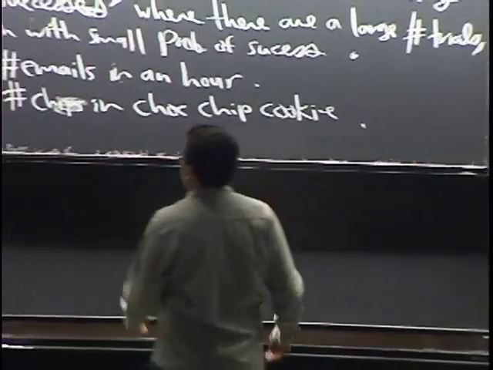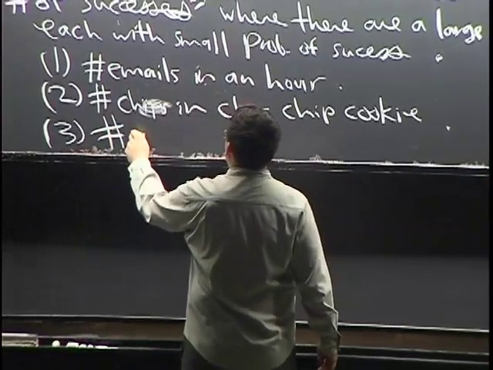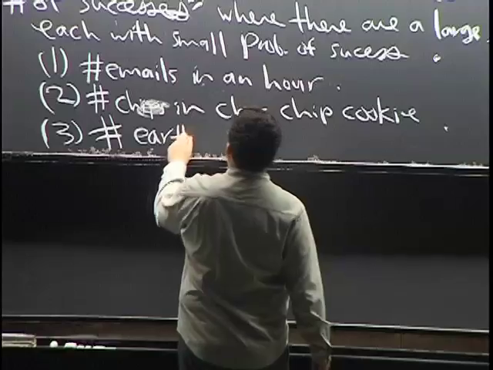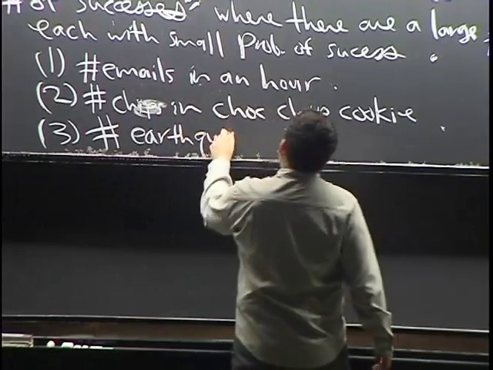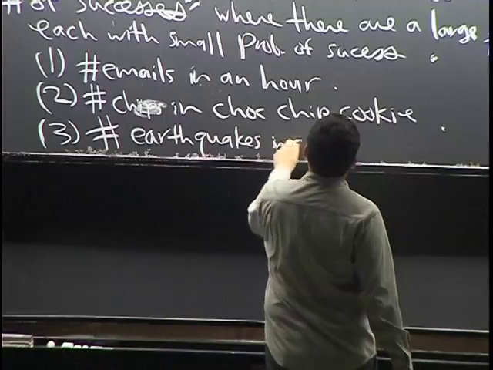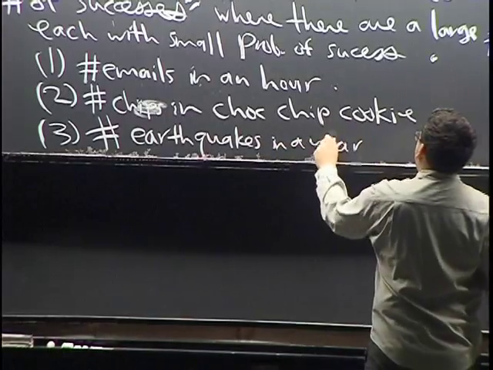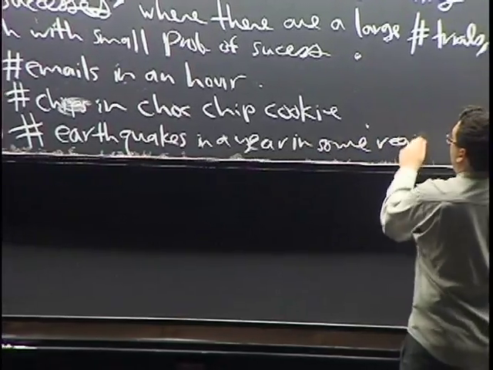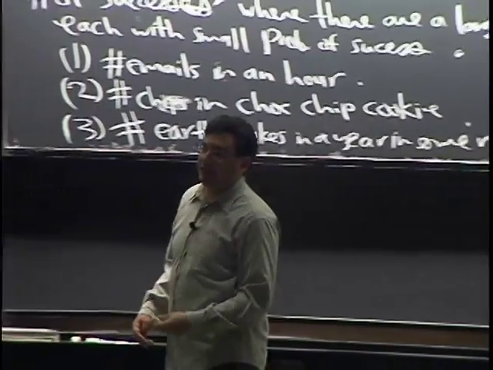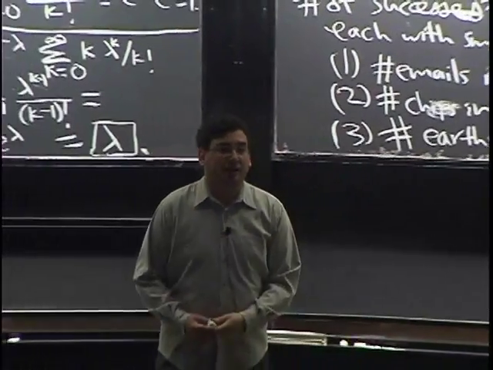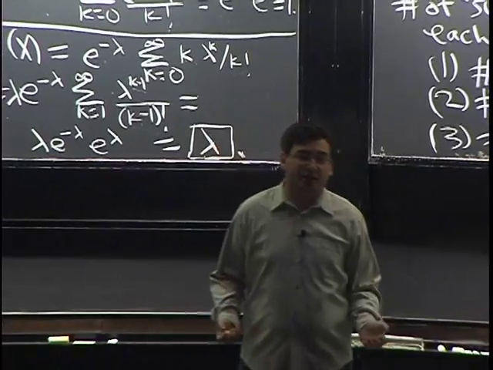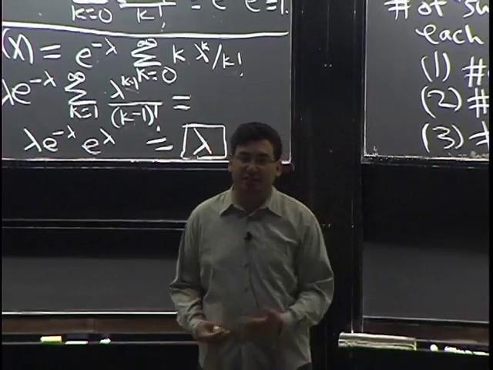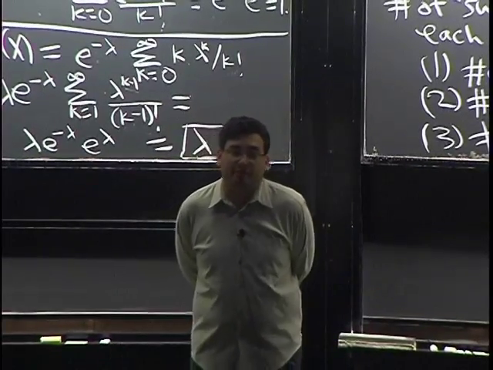More serious examples would be the number of earthquakes in a year in some region. Again, I'm not saying that's exactly Poisson, but it would be a reasonable first choice of a distribution, because on each particular day it's not likely that there's an earthquake, but there are a lot of days in a year, and so there may be a few earthquakes.